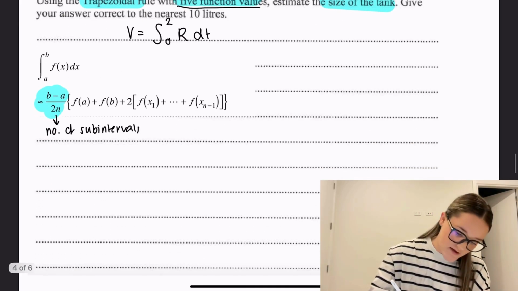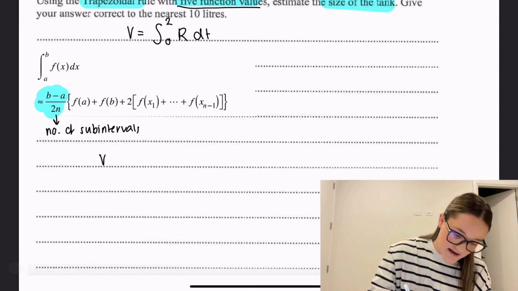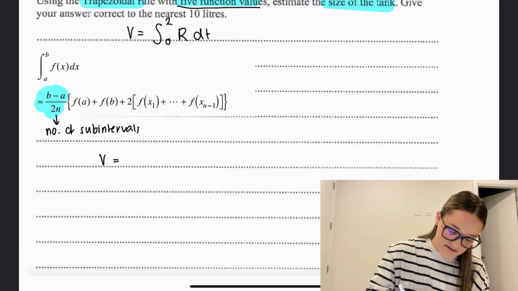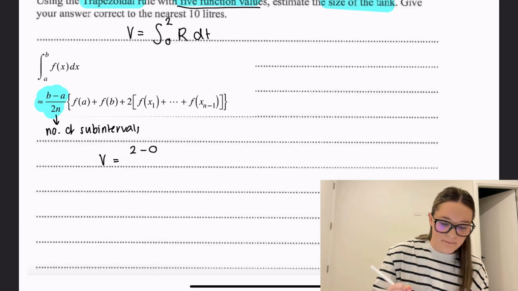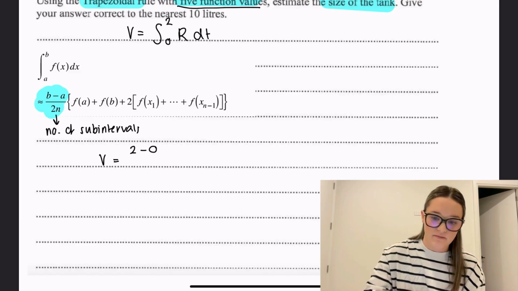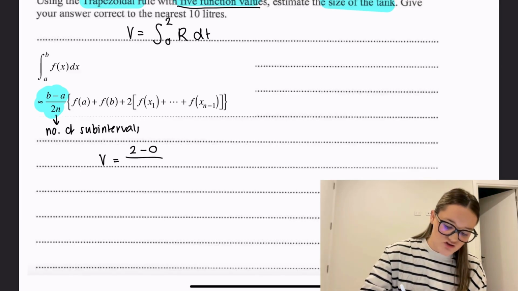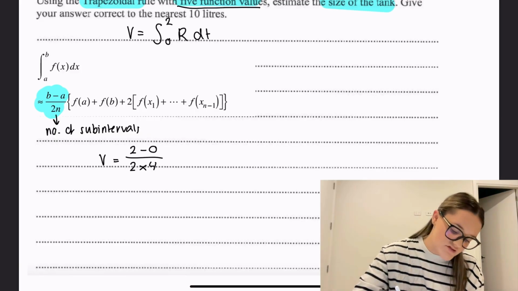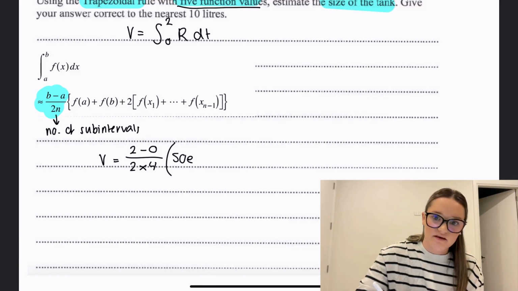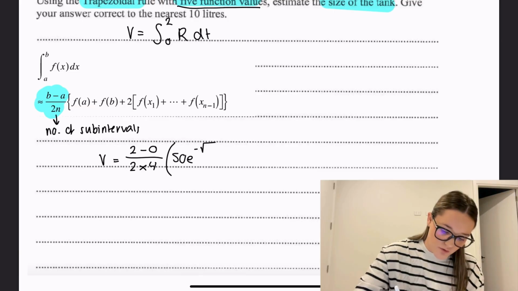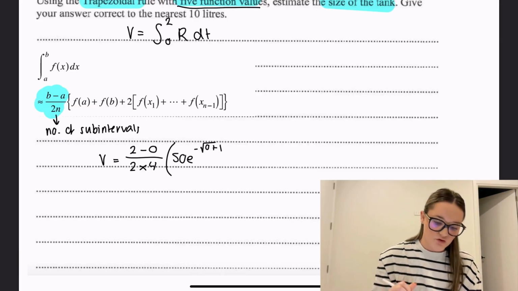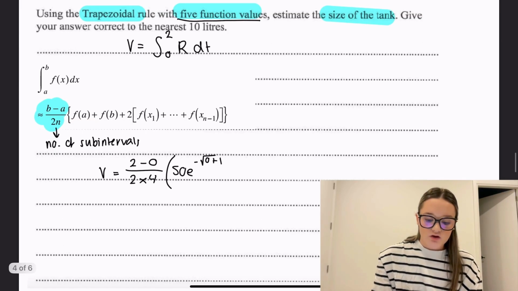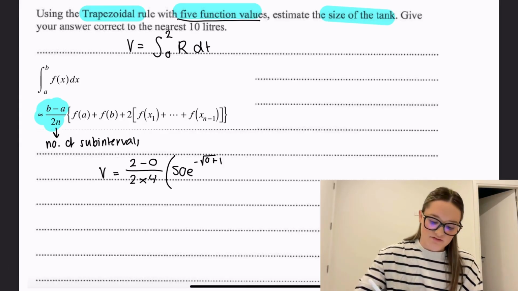Using that, the volume in the tank after 2 hours is going to equal b minus a, so 2 minus 0, my upper limit minus my lower limit, over 2 times my 4 sub-intervals. And then I use the rest of my equation. So I'm going to get 50e to the negative root 0, plus 1, when t is equal to 0.